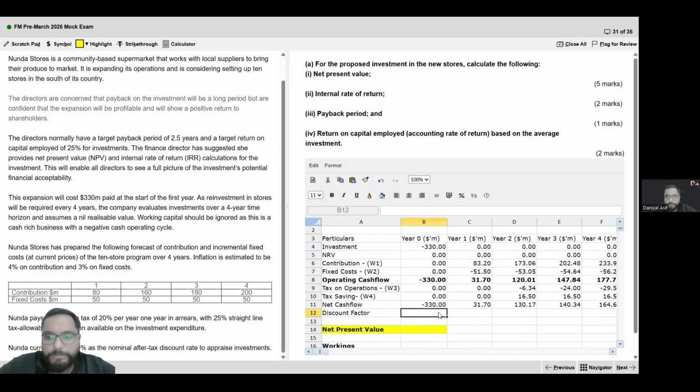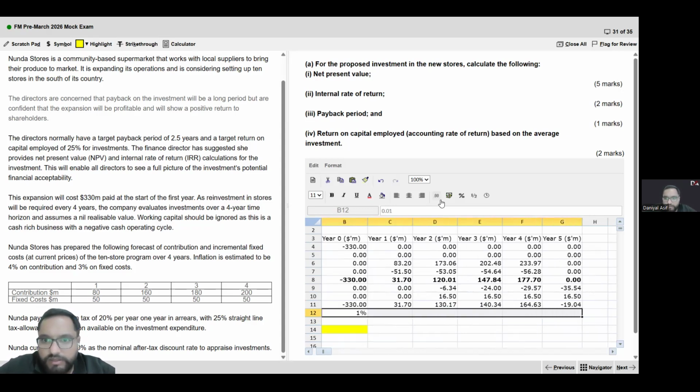Now I'm going to solve this using the traditional method.